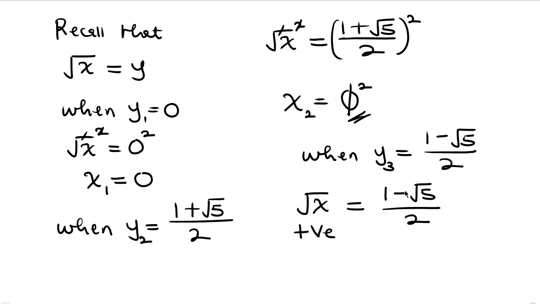But now taking a good look at what we have on the right-hand side, the square root of 5 is actually bigger than 1, making the right-hand side negative. So the left-hand side and the right-hand side are not equal because one is positive and the other one is negative, which is not possible. So we're going to be rejecting this. So the valid solutions we've got are x equal to 0 and x equal to the golden ratio raised to the power of 2.